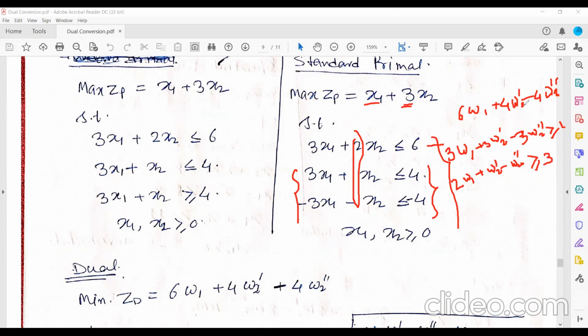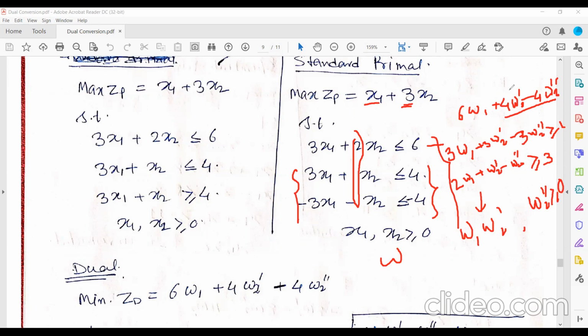Now, in the next step, see here. From W2 dash and W2 double dash, 4 is common. Here all W1, W2 dash and W2 double dash are greater than or equal to 0.